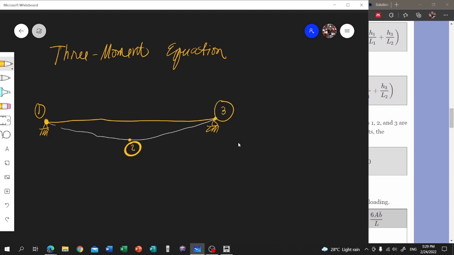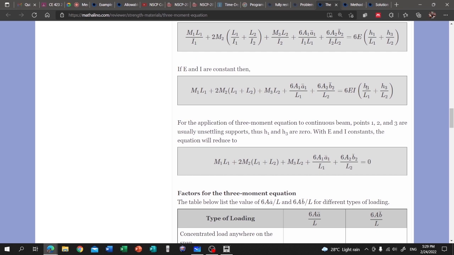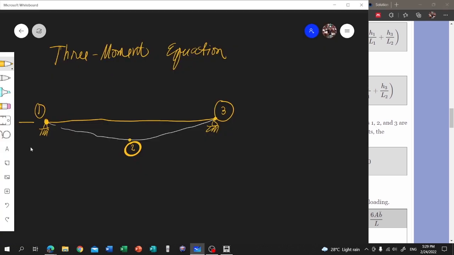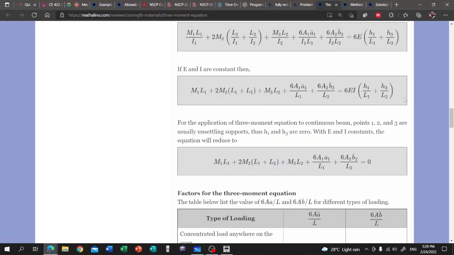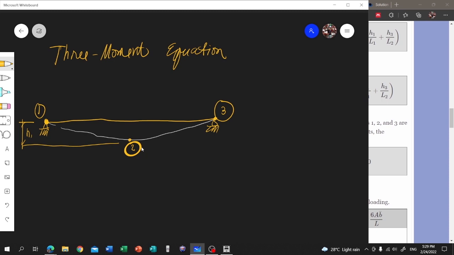Okay, H1 is the difference in elevation between point 1 and 2. And H2 and H3 naman, H3 is the difference in elevation between point 2 and 3. Okay? Masugad didi. Ini nga difference in elevation, ini nga distance.